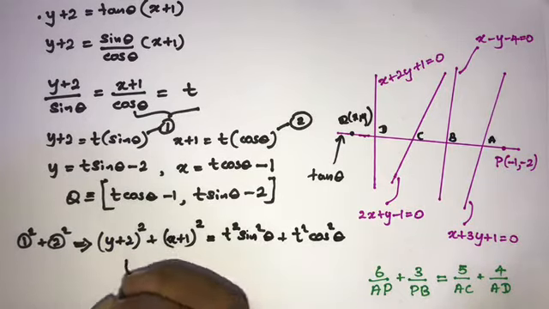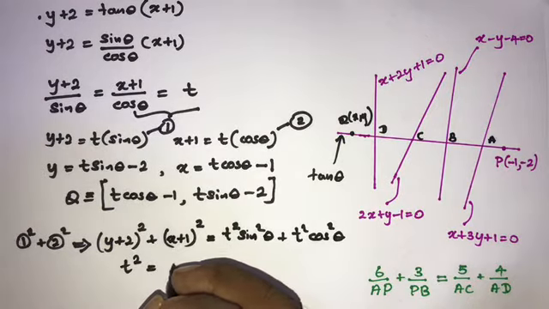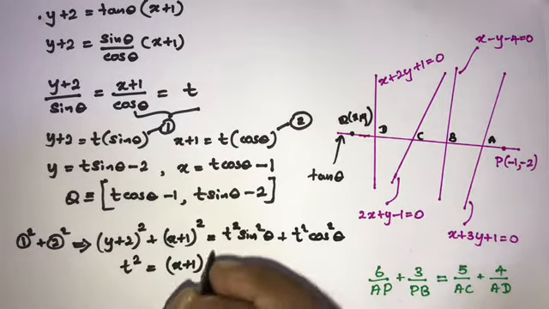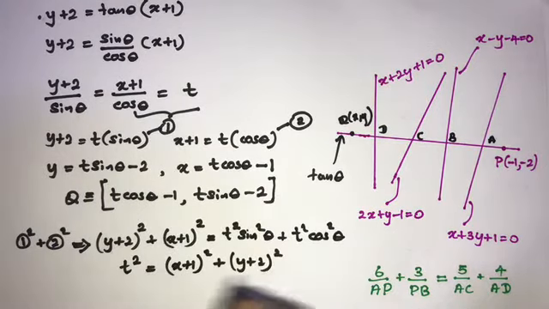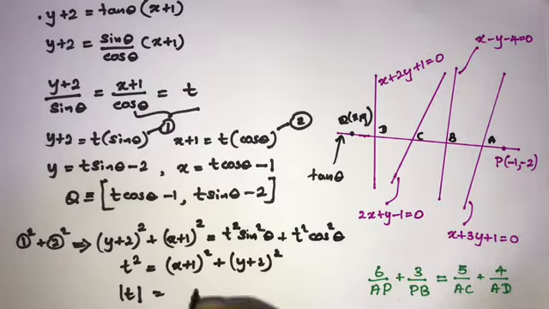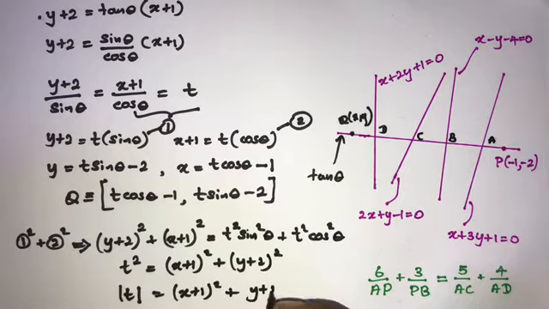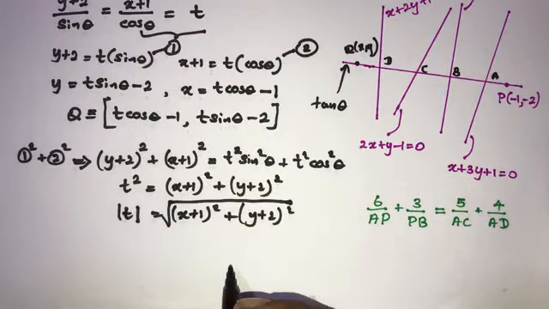So t squared is equal to x plus 1 squared plus y plus 2 squared.